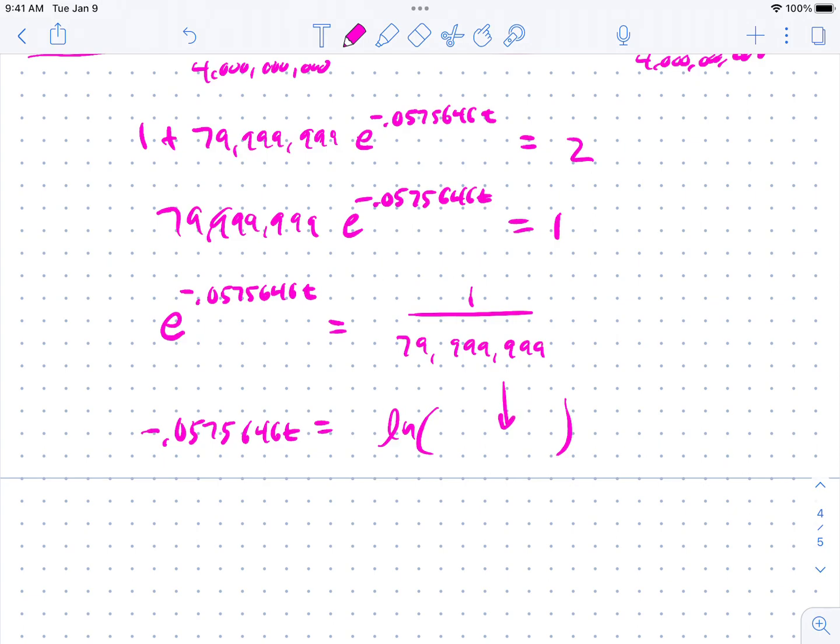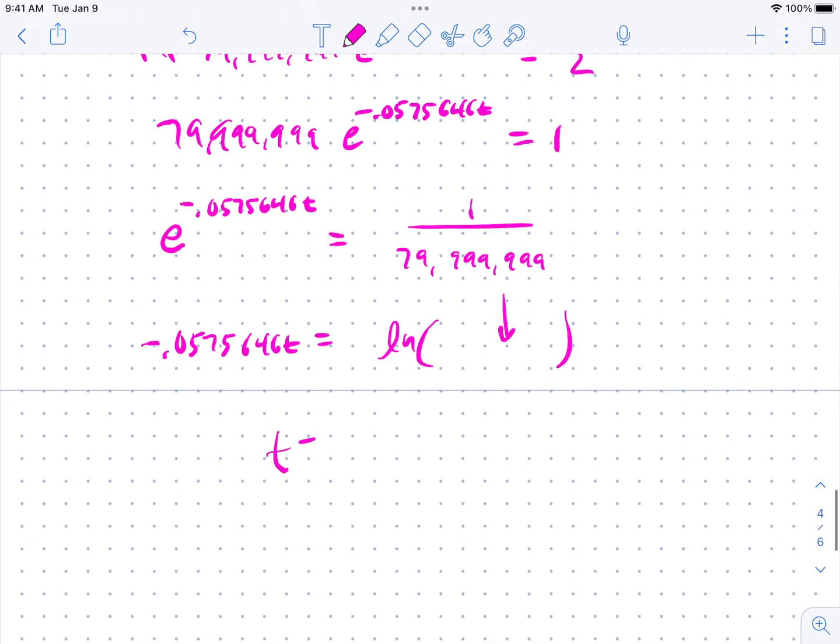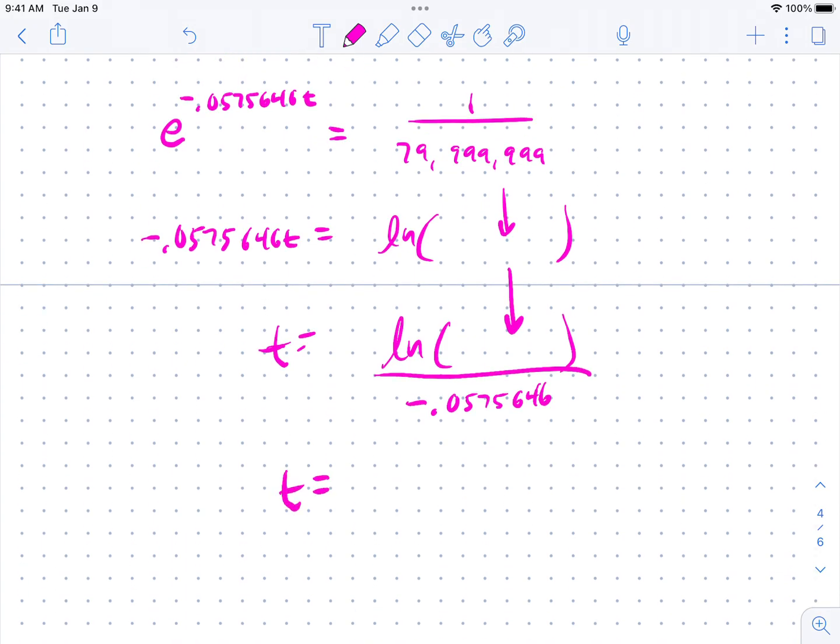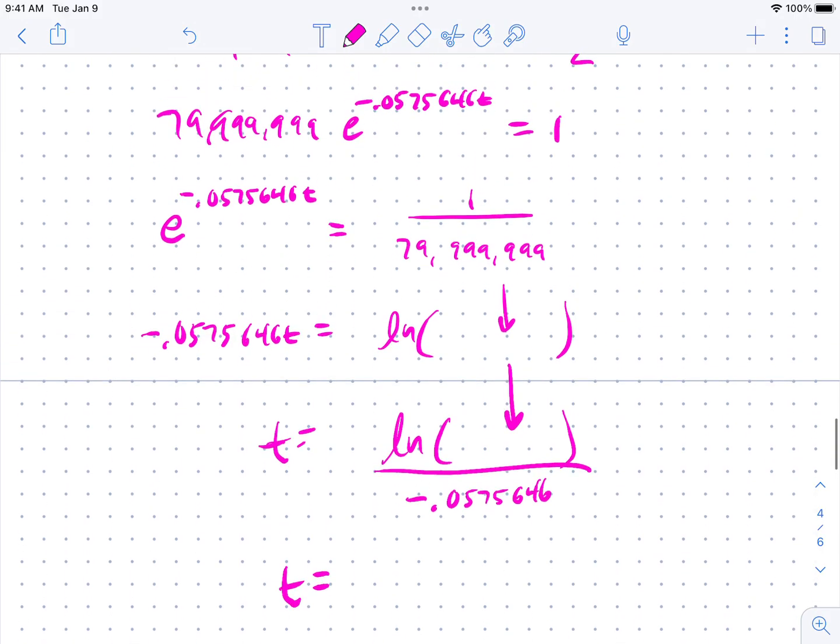And then divide both sides by that decimal. We're almost here, folks. So take the natural log of that same thing, but divide it by negative 0.0575646, and you'll have your time. How long will it take for half the world's population to have this germ? Oh, I can hardly wait to find the answer.